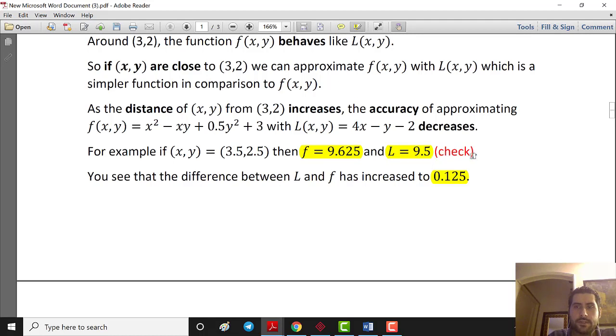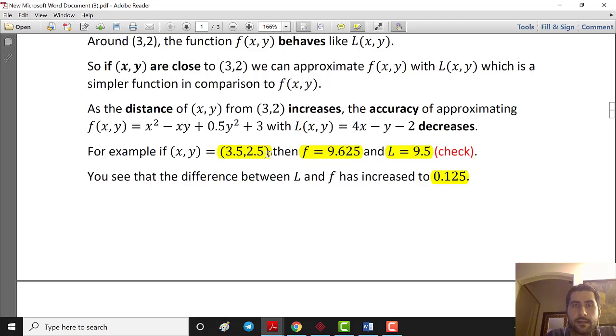You can check it for yourself, and you see that at this point, the difference between F and L is now equal to 0.125, right? So you see that the difference between F and L has increased considerably by moving from point 3.01, 2.01 to this point 3.5, 2.5, right?